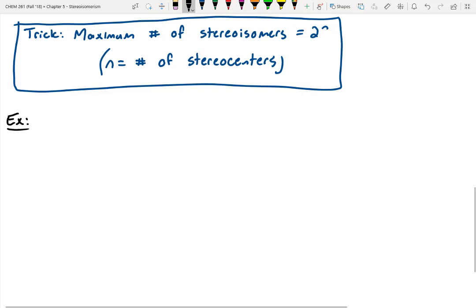All right, for our next example, let's do 2,3-dibromobutane. And let's try to determine all of the possible stereoisomer combinations that we can get for 2,3-dibromobutane. So I'll give you a minute to work on this one.